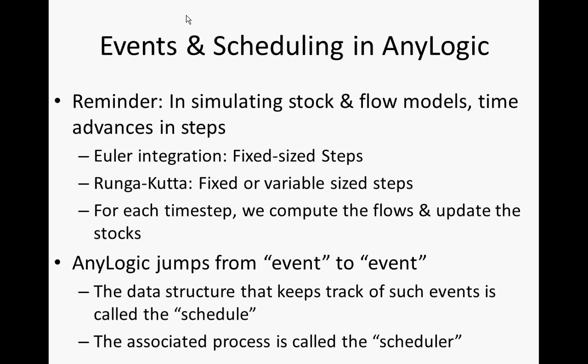Migration or infection, one occurs before the other typically. AnyLogic jumps not from time step to time step in some fixed way, but instead it goes forward however long it has to until the next event is scheduled. Maybe it's person A dying, maybe it's person B immigrating, or maybe it's person C's infection.